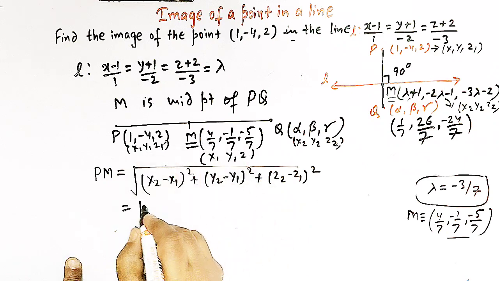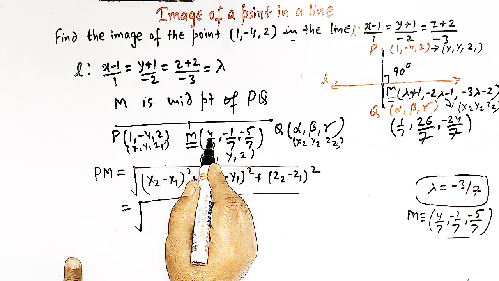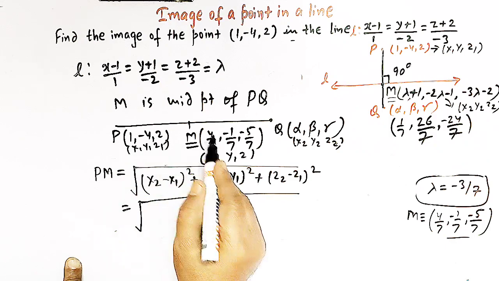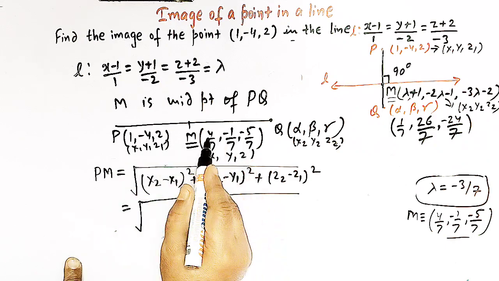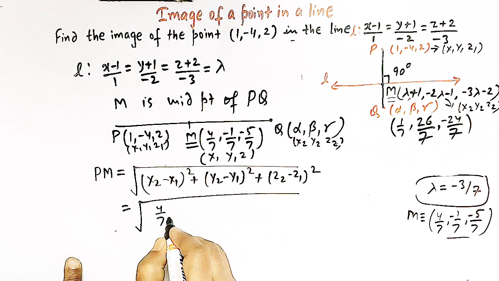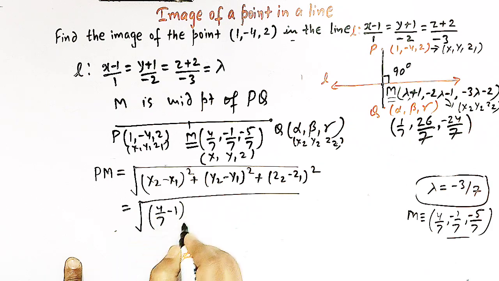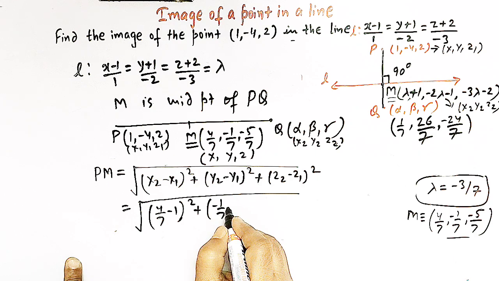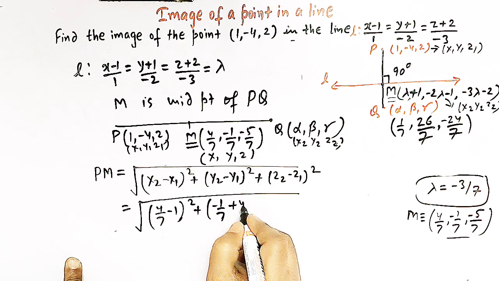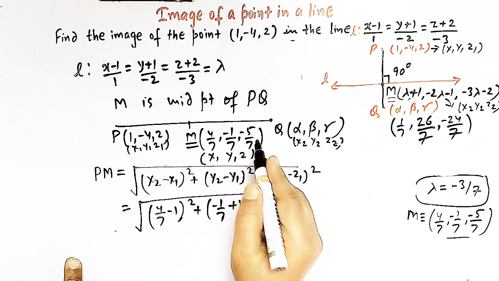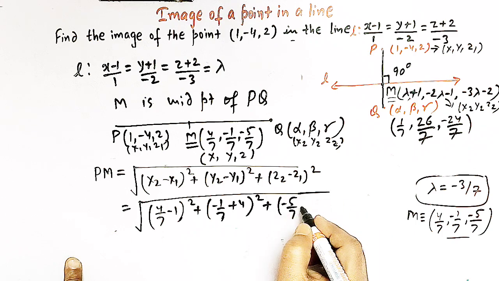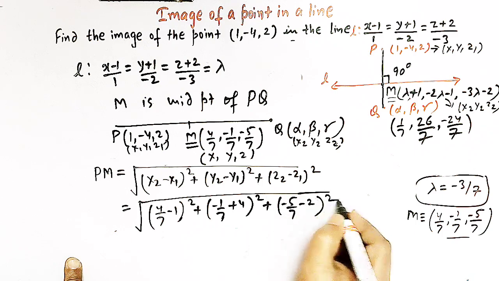So now we have the square root, and we can take this point as x1 y1 z1 and this point as x2 y2 z2. So we have (4 over 7 minus 1) square, and then we have (minus 1 over 7 plus 4) square, and then we have (minus 5 over 7 minus 2) square.